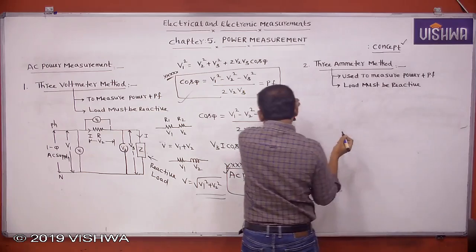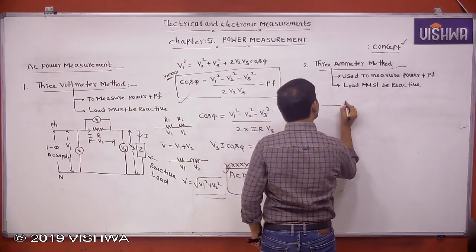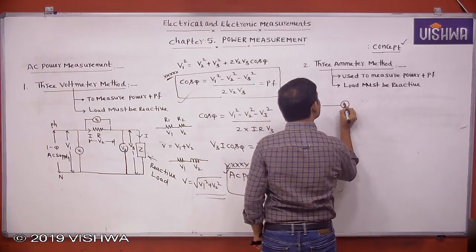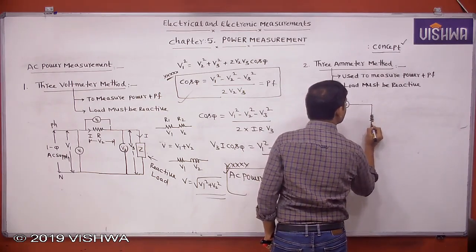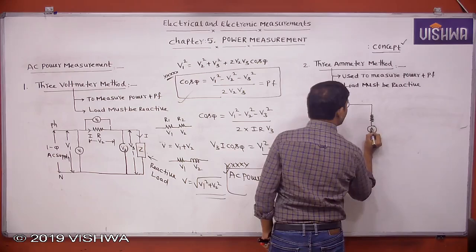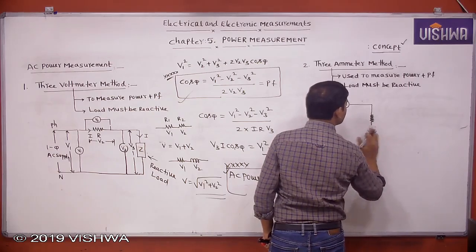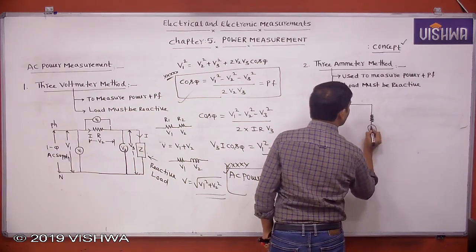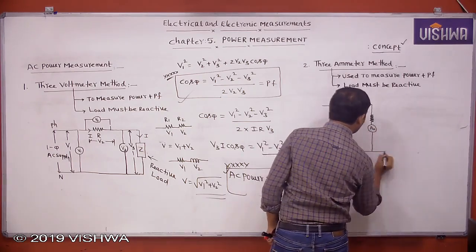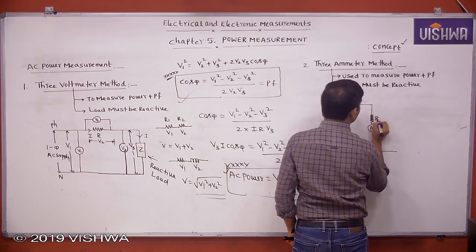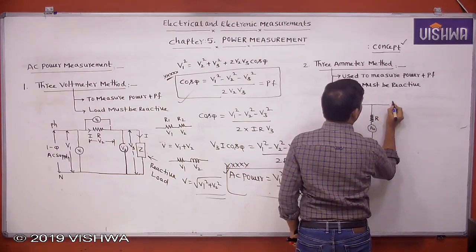Then how to connect 3 ammeters? This is the connection of 3 ammeters. Let this be A1. This ammeter is A2. And this is resistive. And this is A3.